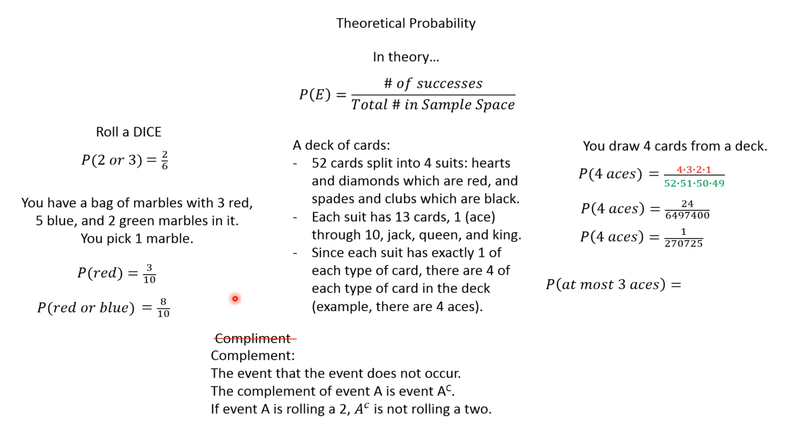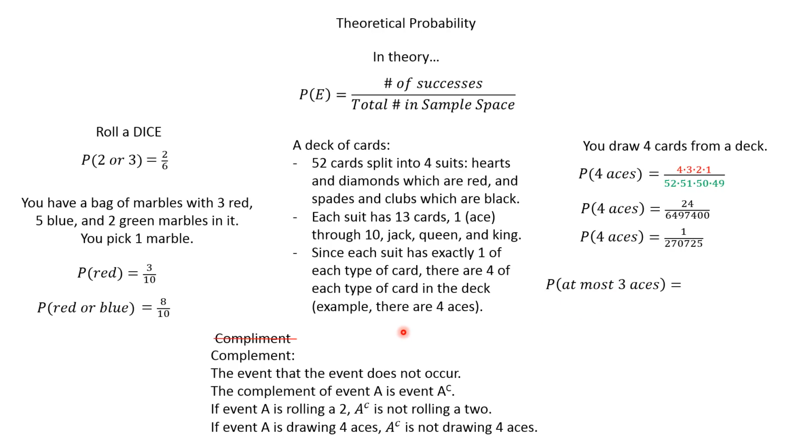So if event A is rolling a 2, A complement is not rolling a 2. So we could get a 1, 3, 4, 5, or 6. In our case, if event A is drawing 4 aces, A complement is not drawing 4 aces, which means we have at least one other card. We have at most 3 aces.